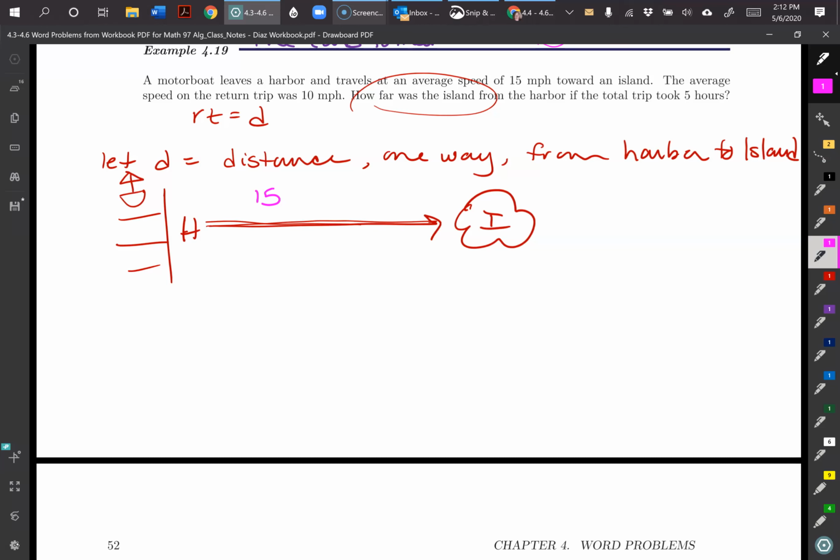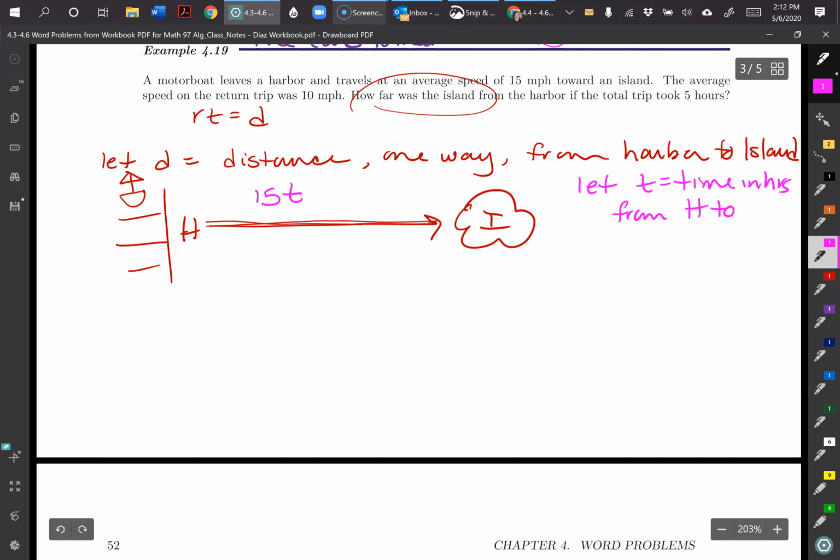What we don't know is like which piece was which, right? So we have to say that T, we'll set one equal to the time from harbor to island. Let T equal time in hours from H to I. Okay, so that was 15T, and that equals the total distance also.